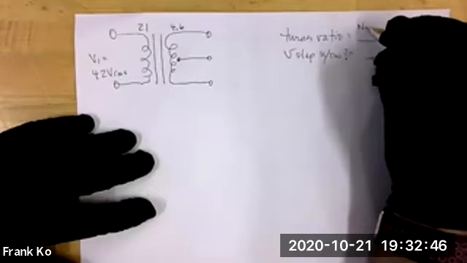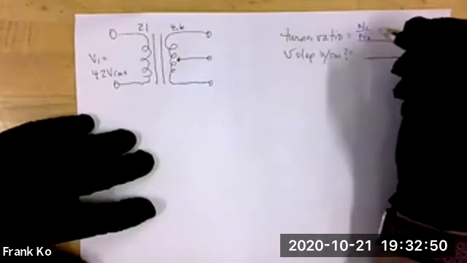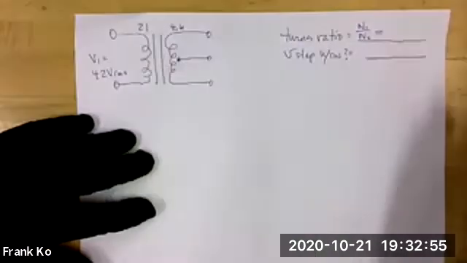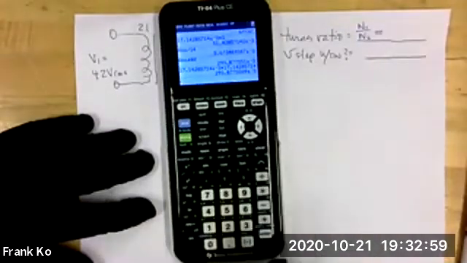The turns ratio is simply N1 over N2. That's the formula we use. When you take 21 divided by 4.6, what do you calculate the turns ratio to be, Ivan?